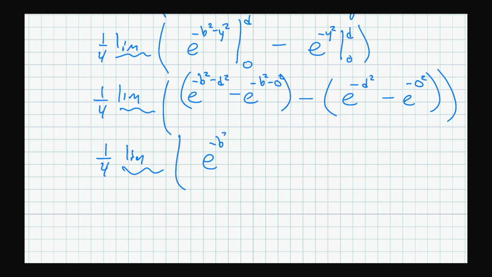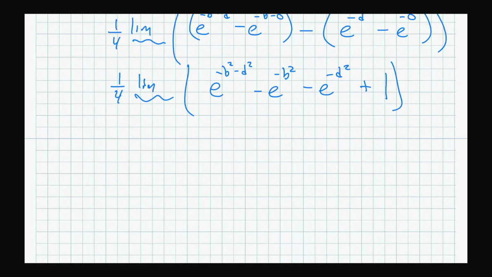E to the negative b squared minus d squared minus e to the negative b squared. This is going to be minus this, which is going to be just minus this. And then you've got minus minus, which is a plus. E to the 0, what's e to the 0? E to the 0 is just 1, I think, right? So we're getting there.